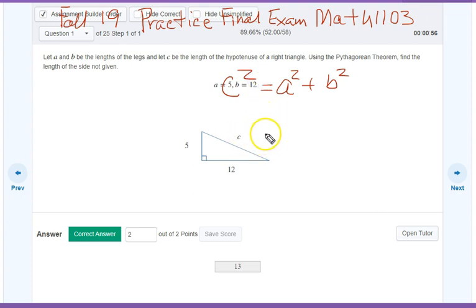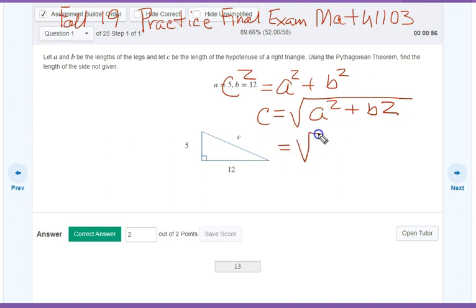Want to find out what c is, so c equals, take the square root of both sides, the square root of a squared plus b squared. Now we're just going to substitute. a we said was 5, so 5 squared plus 12 squared.